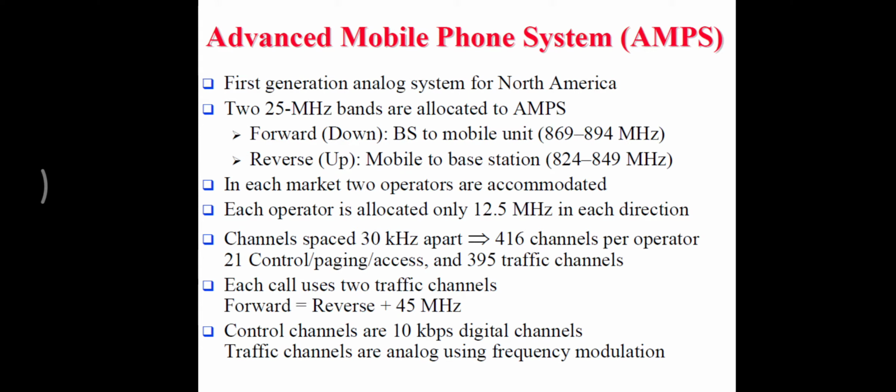In each market, two operators are accommodated, so each operator is allotted 12.5 MHz in each direction. The channel spacing is 30 kHz. Each call uses two traffic channels, forward equal to reverse plus 45 MHz. The control channels are 10 kilobits per second digital channels.